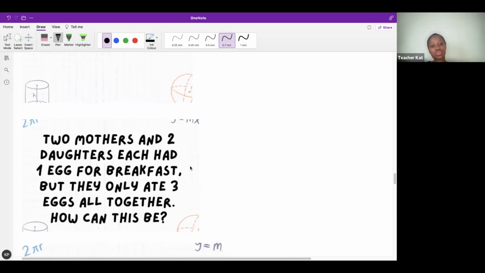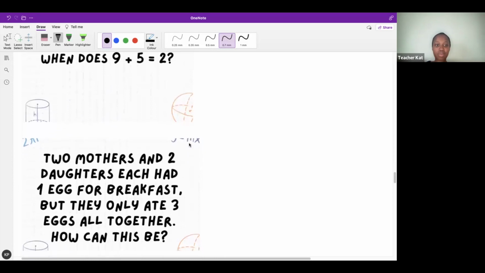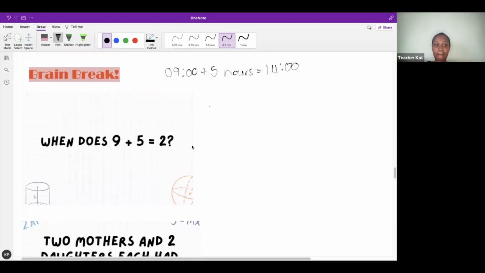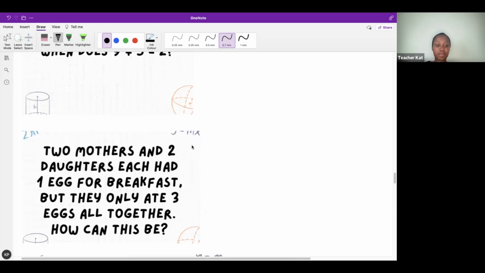2 mothers and 2 daughters each had 1 egg for breakfast, but they only ate 3 eggs altogether. How can this be? How is this possible? Dividing by 7? No, we didn't divide by 7, my darling. But they only eat 3 eggs altogether.